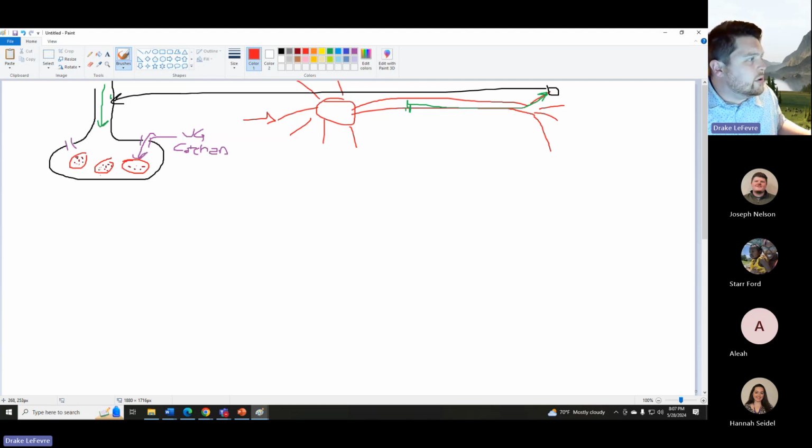And these are going to exocytose. The membrane of the vesicle merges with the membrane of the axon terminal, which releases, so it looks a little bit like this.